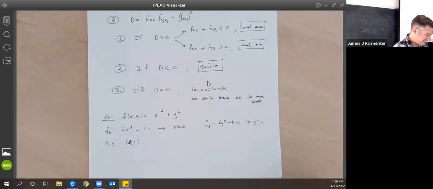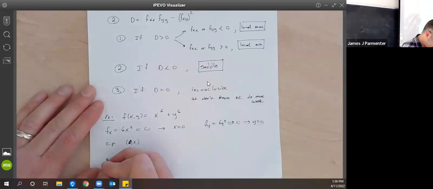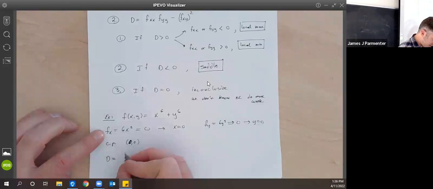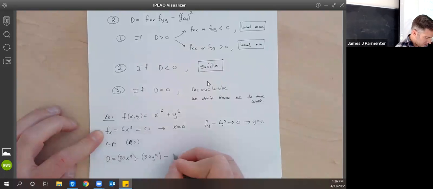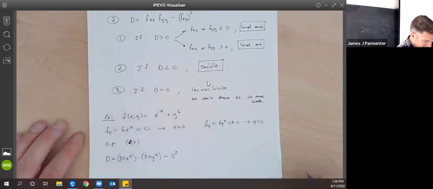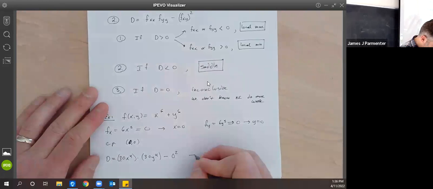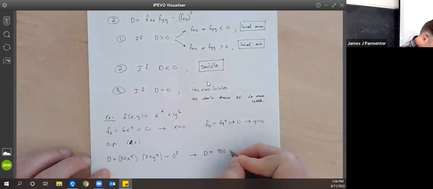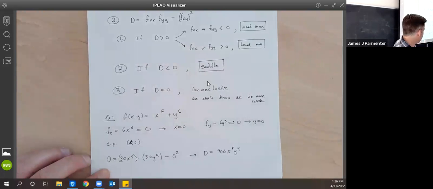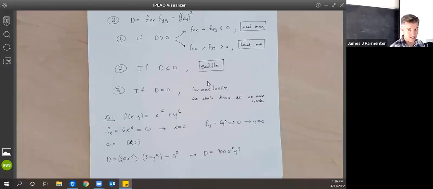But if we find d, look what happens. D is going to be fxx, so 30x to the fourth, times fyy, which is 30y to the fourth, minus fxy squared, which is 0. If you wanted to simplify this, 30 times 30 is 900, x to the fourth, y to the fourth. Now, this is our first example where we've had x's and y's in the d.